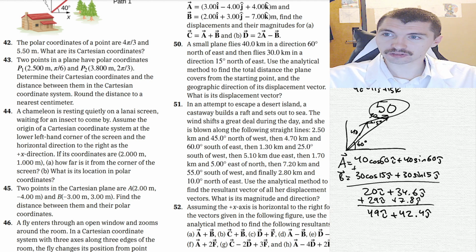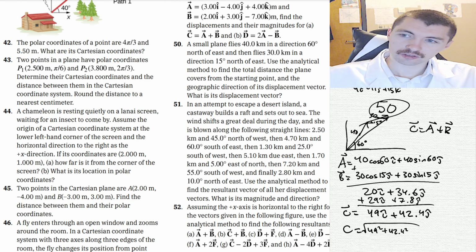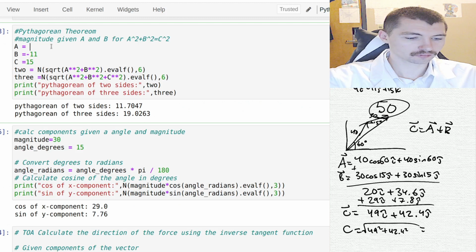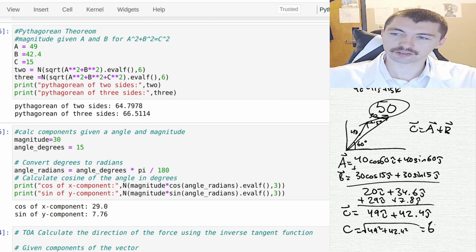So if C is A plus B, and this is therefore C, then the magnitude of C is 49 squared plus 42.4 squared. So we have 64.8 kilometers traveled.